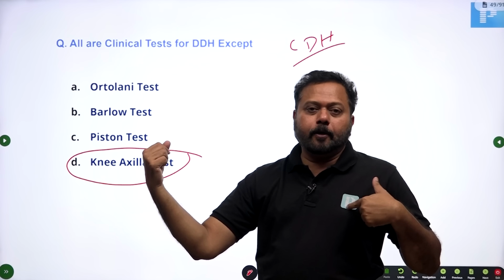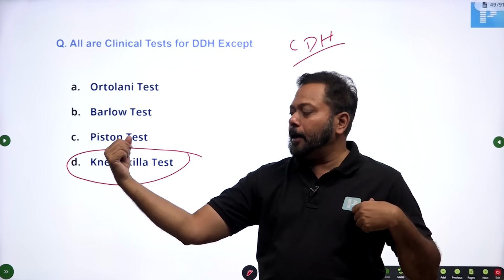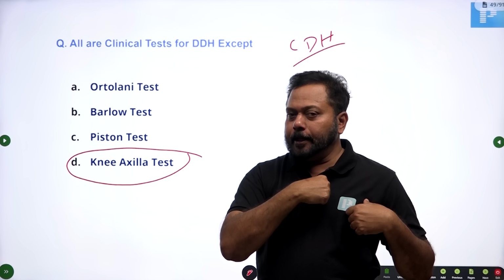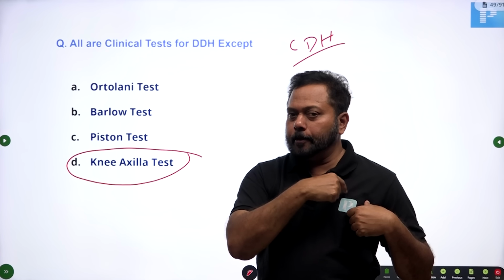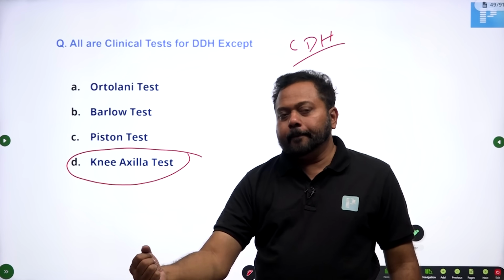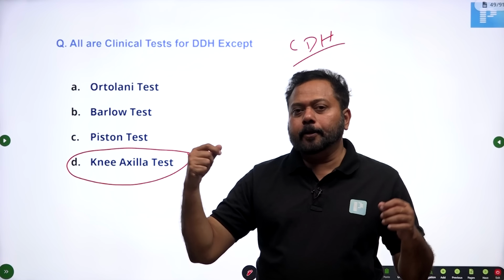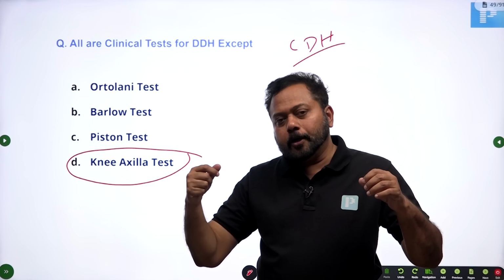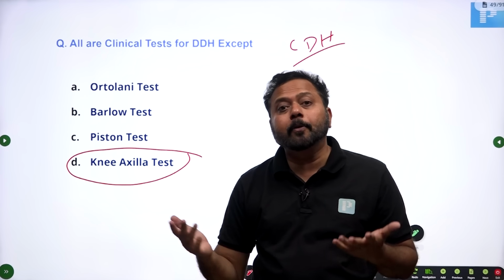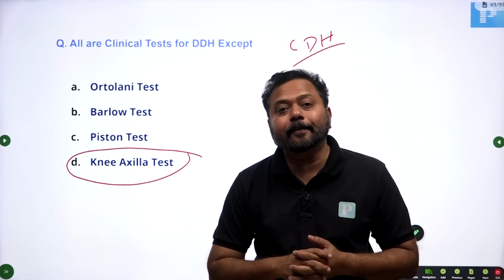This is my opposite nipple or opposite axilla. When I flex, my knee should move towards the opposite nipple or opposite axilla. This is normal. When I flex the hip and knee fully and the knee goes towards the same side axilla or same side nipple, that is abnormal, and that is called knee axilla sign.